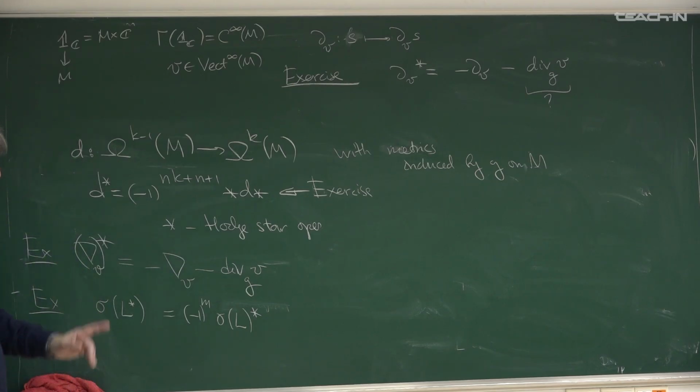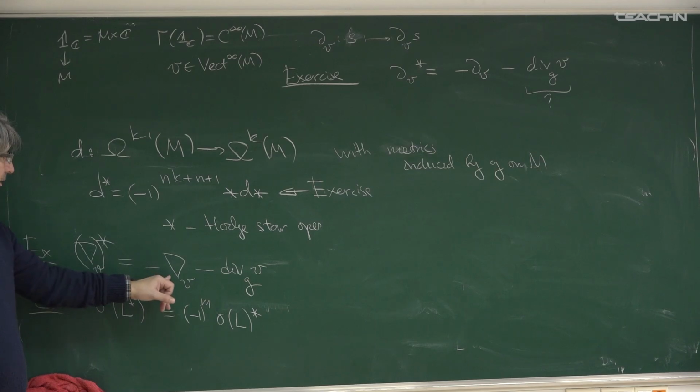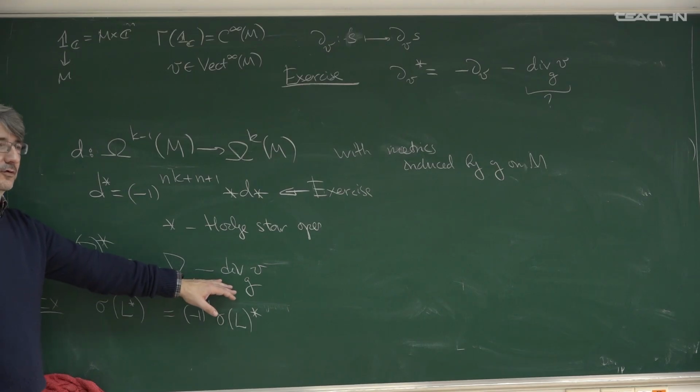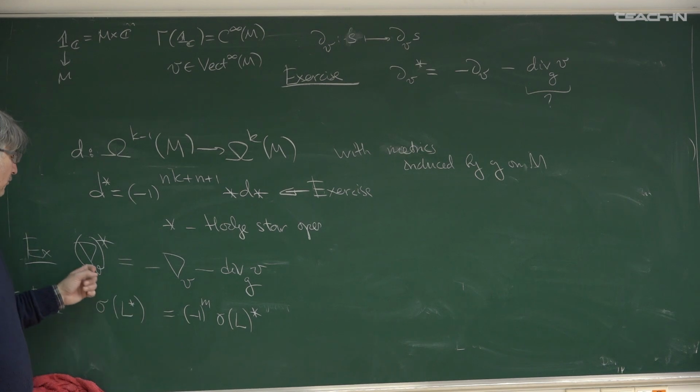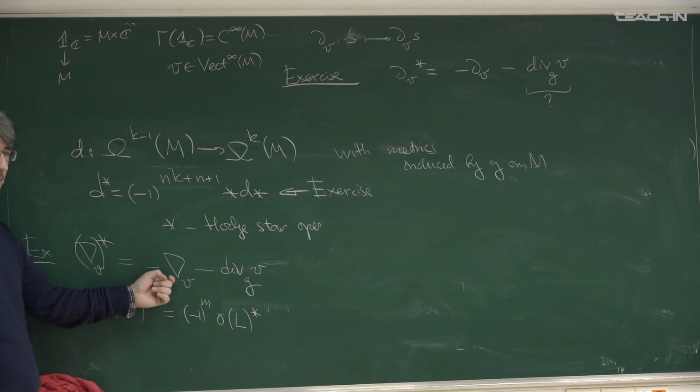It's obvious why we need to write it. Look here. These two guys are the same. So this is an operator of zero order. You don't look at it because it does not contribute to the symbol. So if you look at the symbol of this guy, it has different sign compared to the symbol of this object.